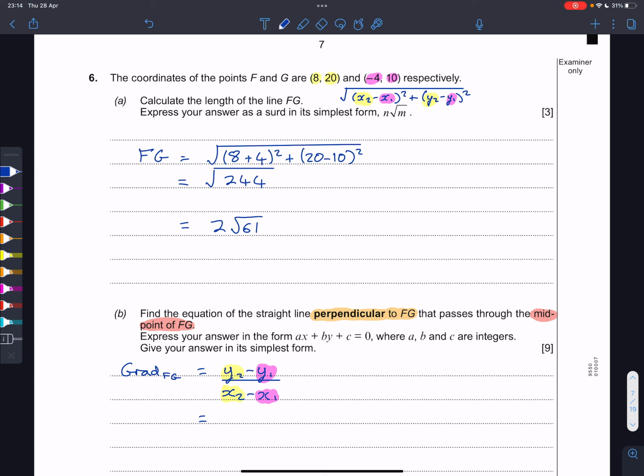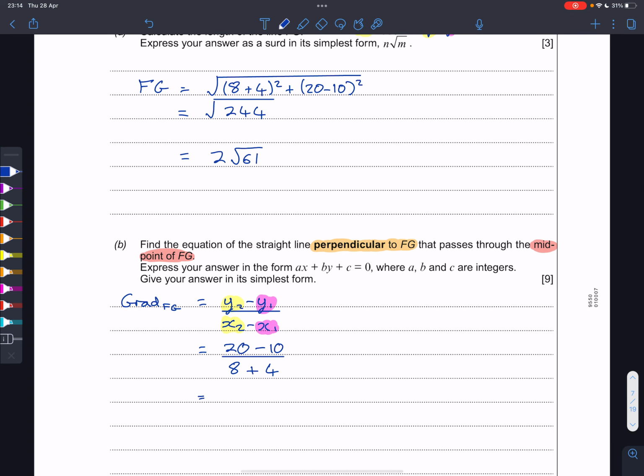Okay, so we can have y2, which is 20, take away 10, all over x2, which is 8, take away negative 4. So we end up with 10 over 12, which is 5/6.